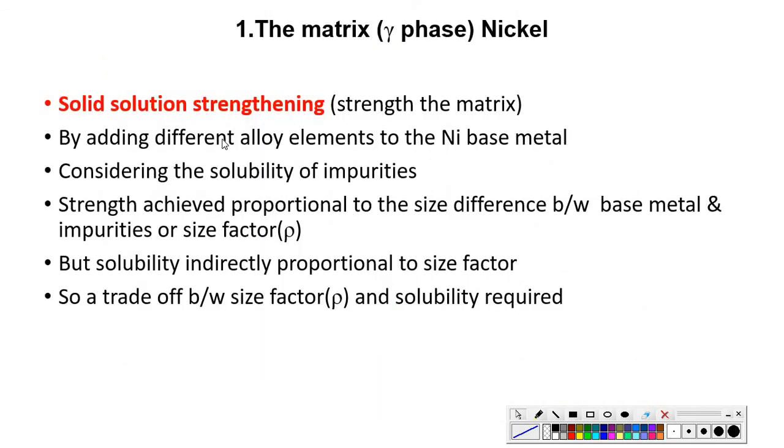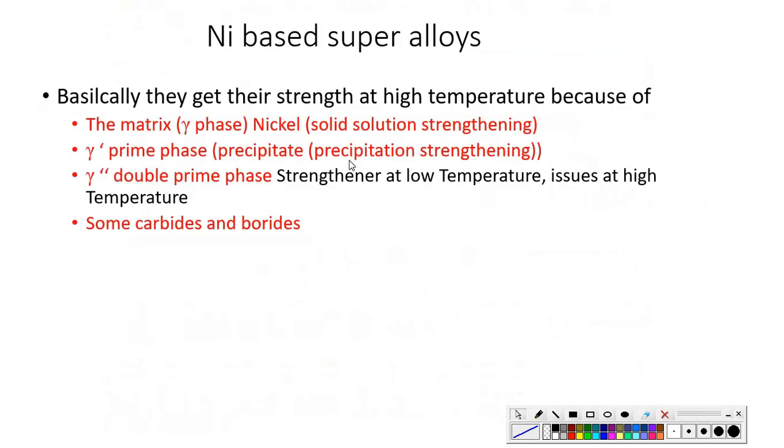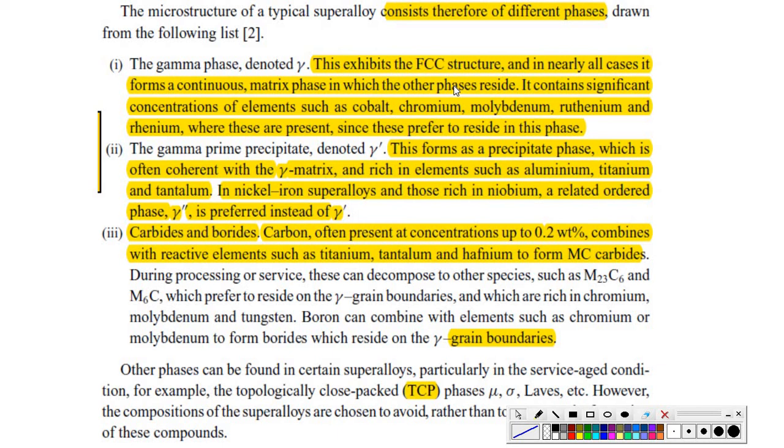So the first one is the addition of different alloy elements. What are the alloy elements? These are the alloy elements. With these alloy elements we can improve the strength. Second one is the gamma prime precipitates, intermetallic compounds produced, and carbides and borides. Carbon is often present at a concentration of up to 0.2%, combined with reactive elements like titanium, tantalum and hafnium, and forms MC.